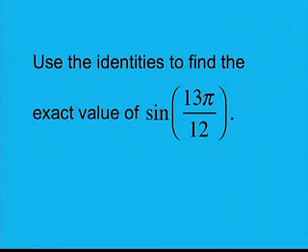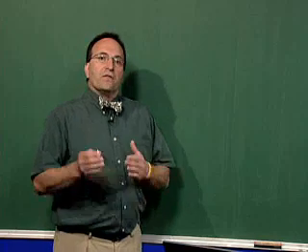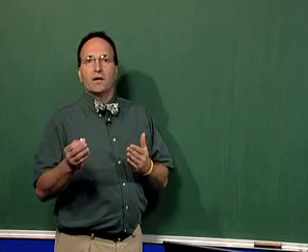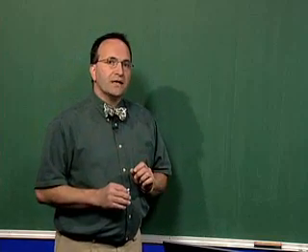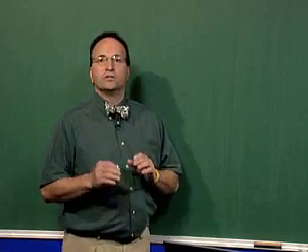Use the identities to find the exact value of the sine of 13 pi over 12. So, the first thing that you'd want to do here, maybe, is to convert the 13 pi over 12 into degrees.